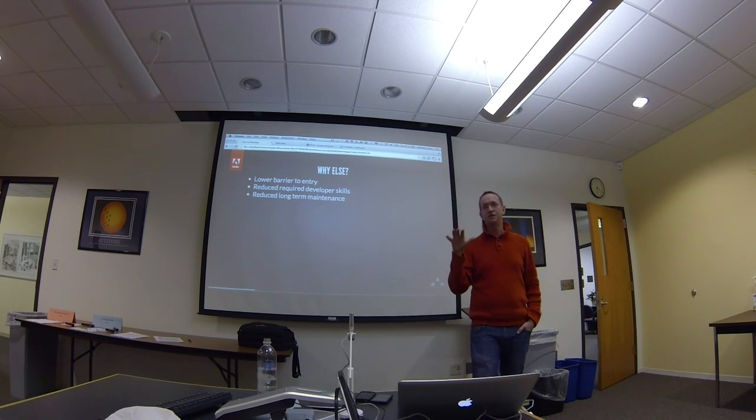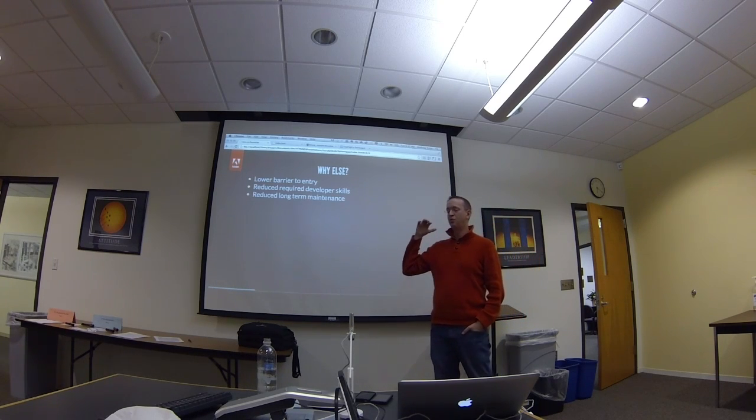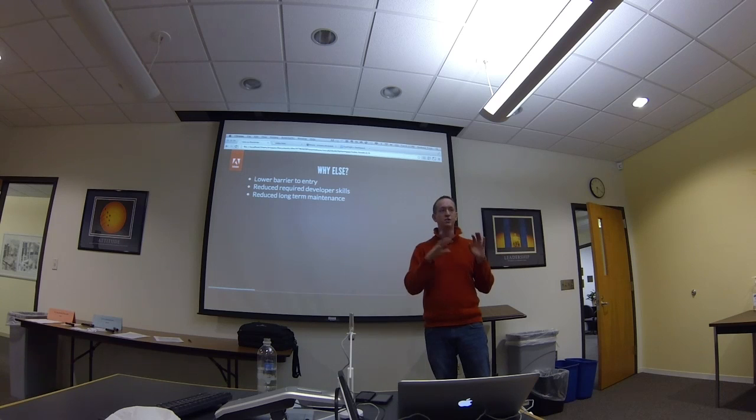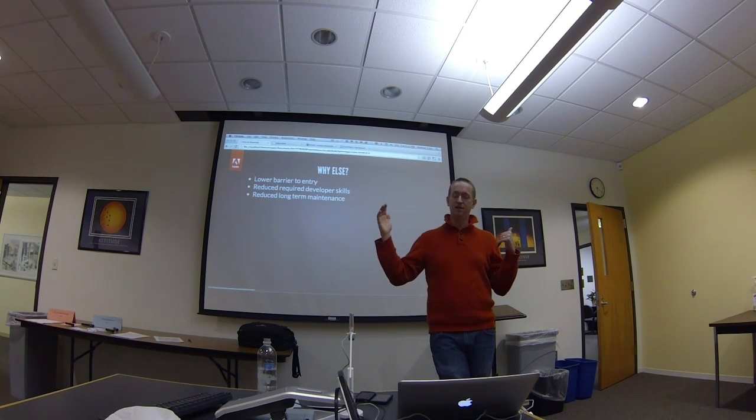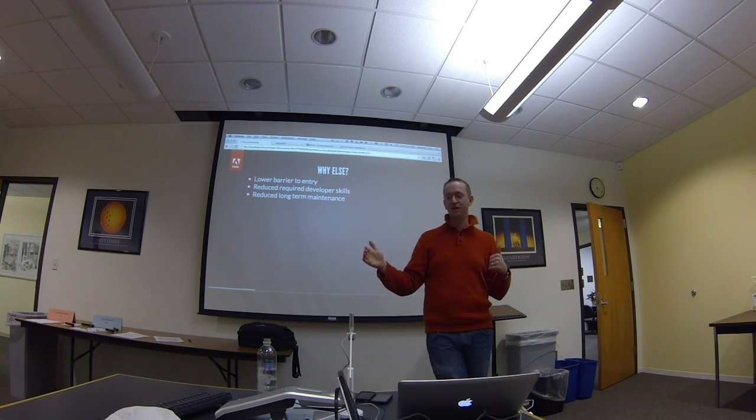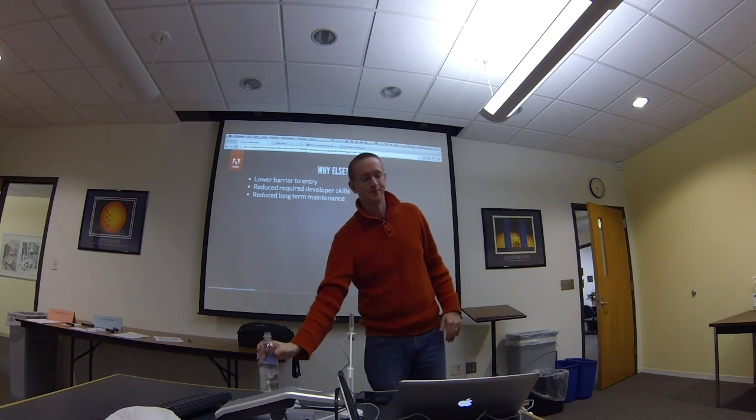So meaning choosing PhoneGap to get one code base on multiple platforms is going to be less expensive than targeting mobile on all those different platforms. In addition to that, the more number of native platforms that you tack on increases the amount of expense that you're going to have. So if you want to target every platform there is, it's definitely going to be more expensive to do that natively.